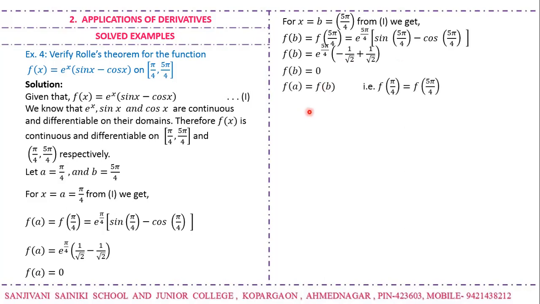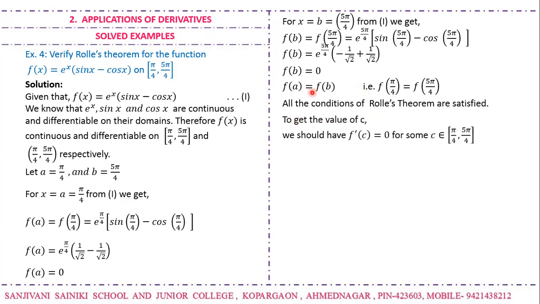So f of a is equal to f of b. So the value is satisfied at the end points of the given function. So there exists c in this interval pi by 4 to 5 pi by 4, such that f dash of c must be equal to 0.